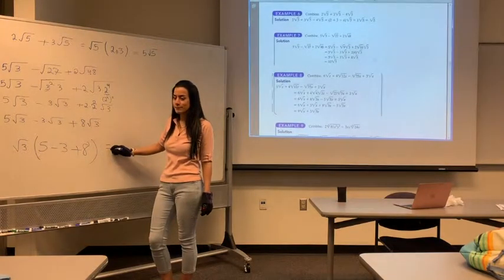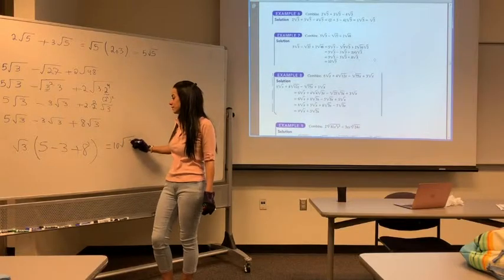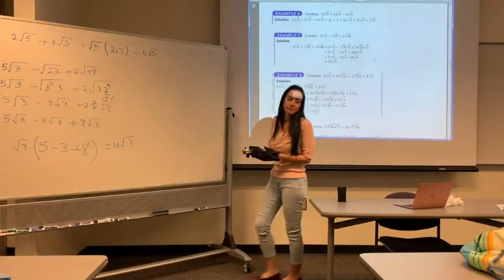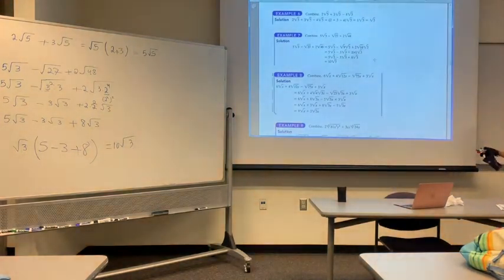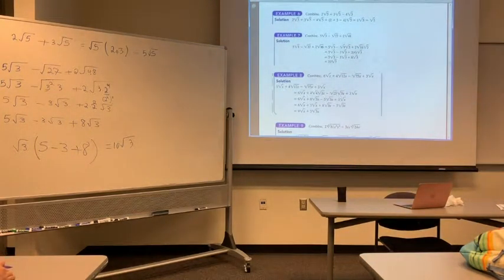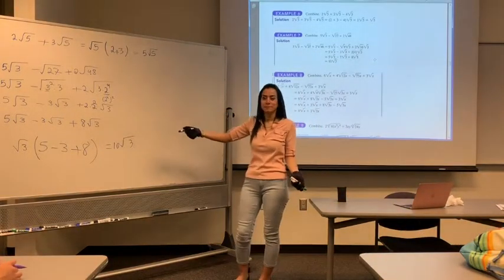What do we have? 10. 10 radical 3. Do you understand this?